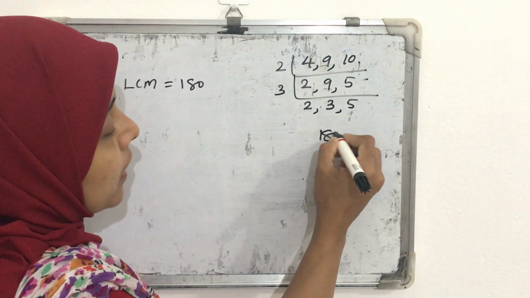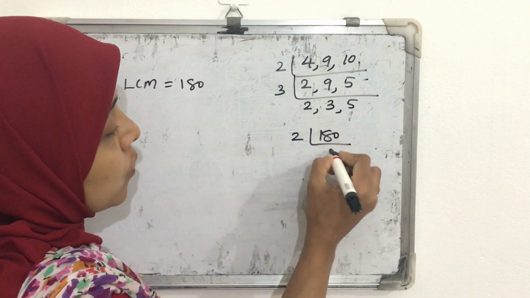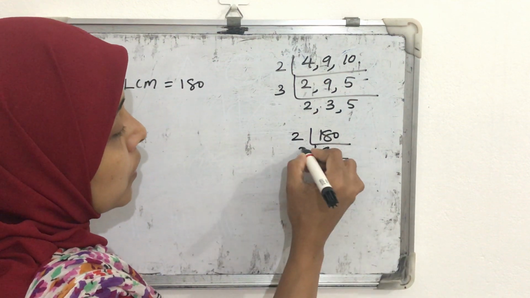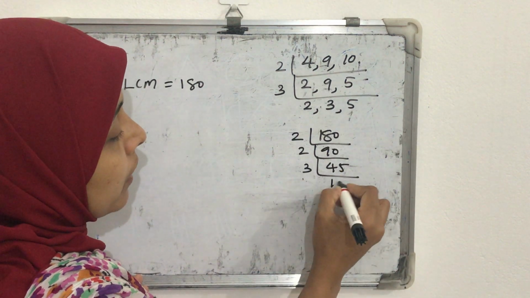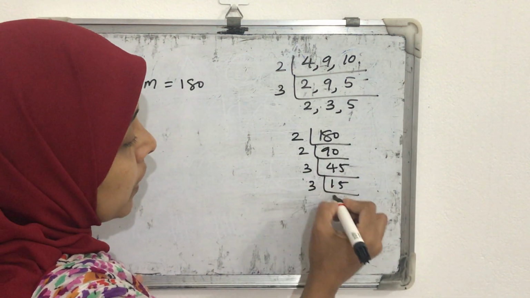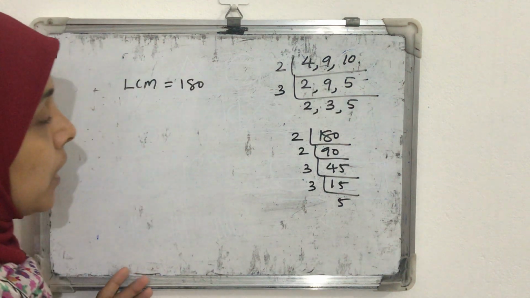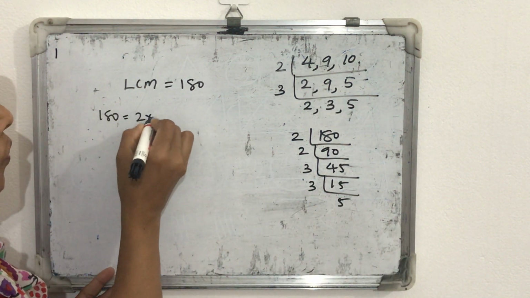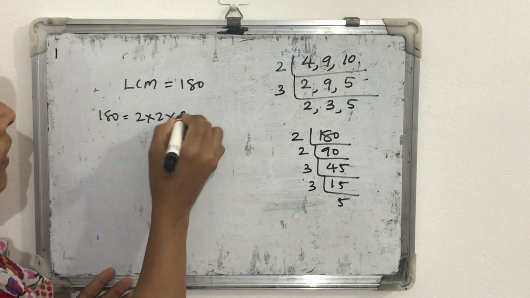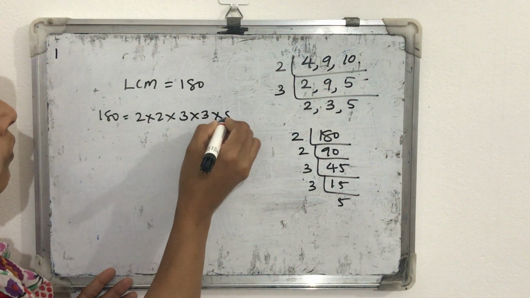Factorizing 180: 2, 90, 2, 45, 45 by 3 is 15, 15 by 3 is 5. So 180 is equal to 2 into 2 into 3 into 3 into 5.